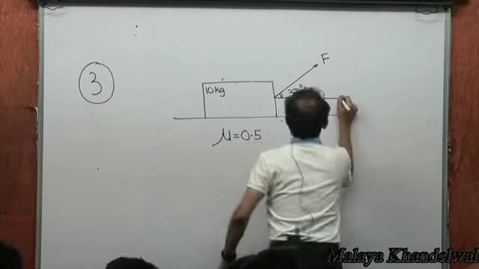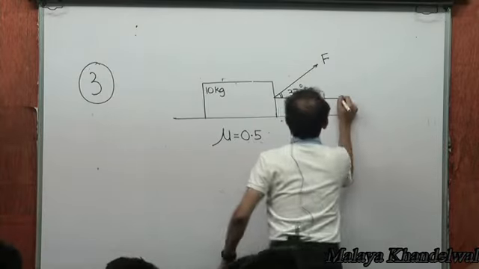F cos 37 degrees. Cos 37 degrees is 4 by 5. So F cos 37 degrees is 4F by 5. F sin 37 degrees is 3F by 5. Now, there is 10 kg, so 100 newtons downwards, 10 g.